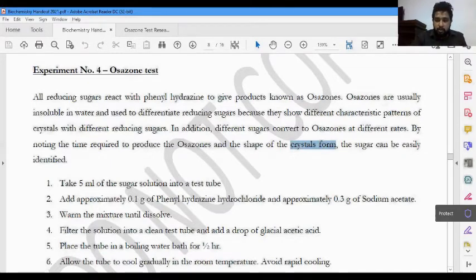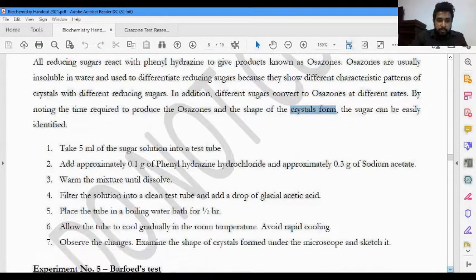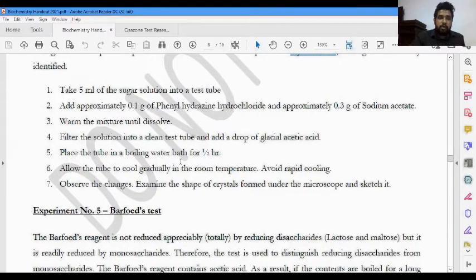If you go through the procedure, you have to take 5 milliliters of the sugar solution into a test tube. You have to add approximately 0.1 gram of phenylhydrazine hydrochloride and approximately 0.3 grams of sodium acetate.